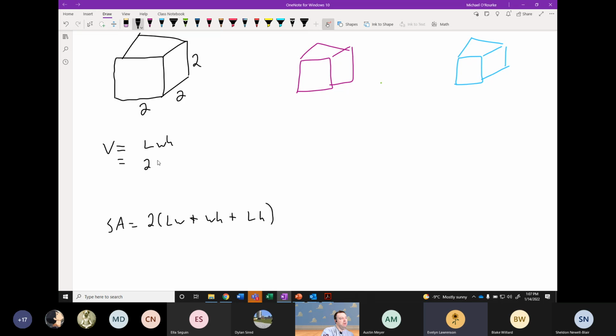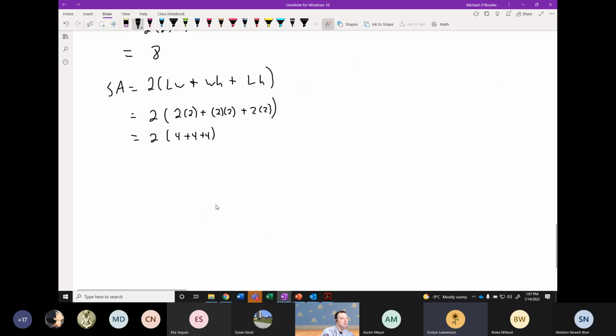So I'll do the first one here, which is going to be 2 times 2 times 2, which is going to equal 8. This one is going to be 2 times 2 plus 2 times 2 plus 2 times 2, which equals 4 plus 4 plus 4, which equals 12, which times 2 equals 24.